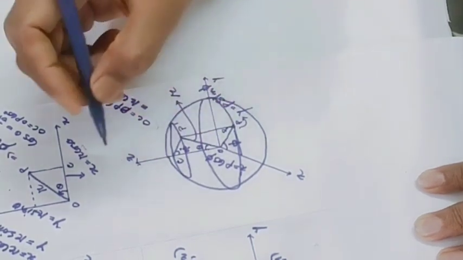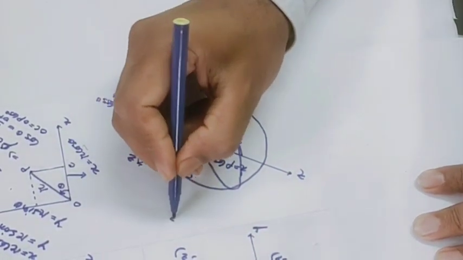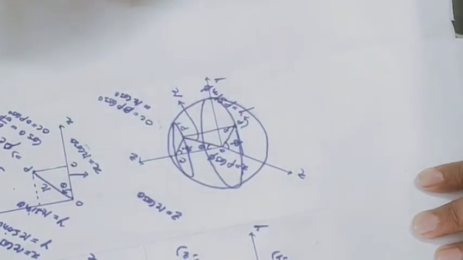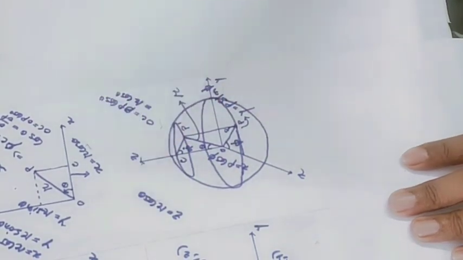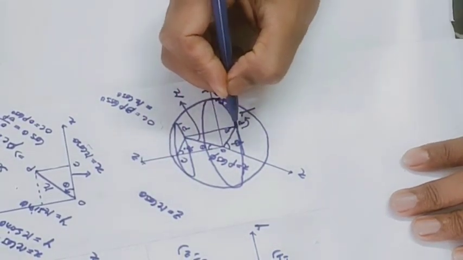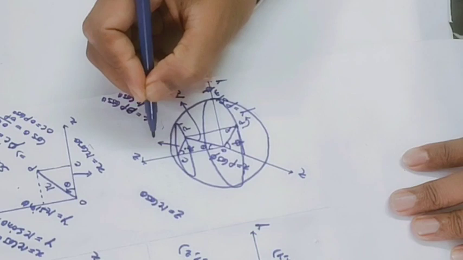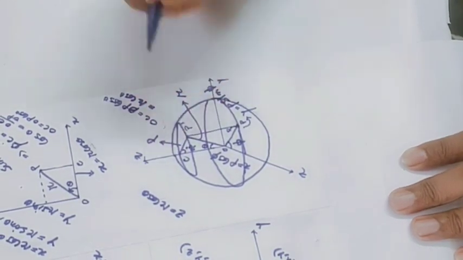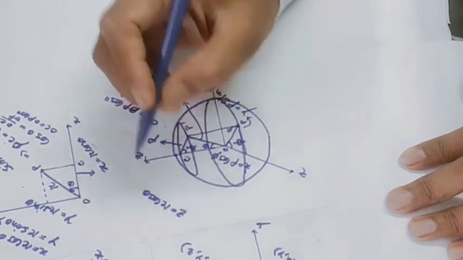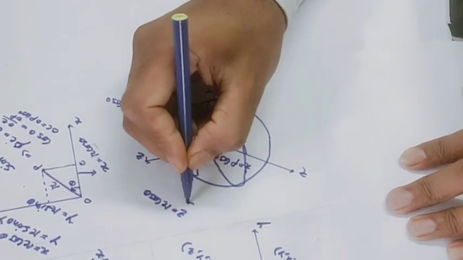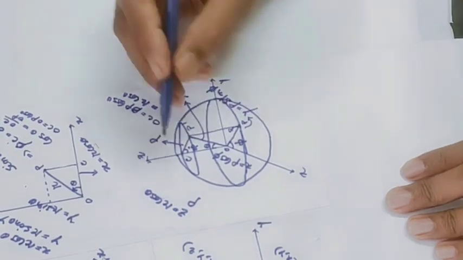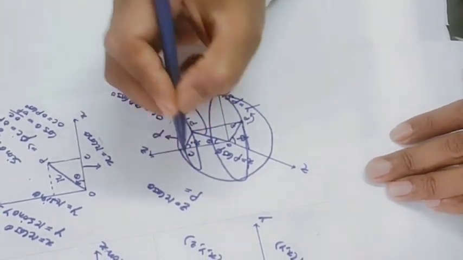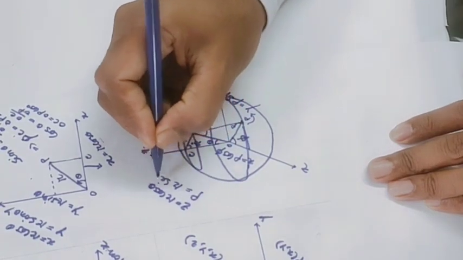So this OC is along Z, so I will get one coordinate: Z is equal to R cos theta. This side is rho, so this side will also be rho. Now if it is perpendicular, then PC is equal to rho, and rho is equal to OP sin theta. OP means R, so R sin theta.